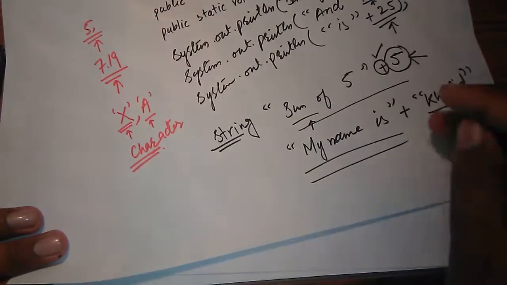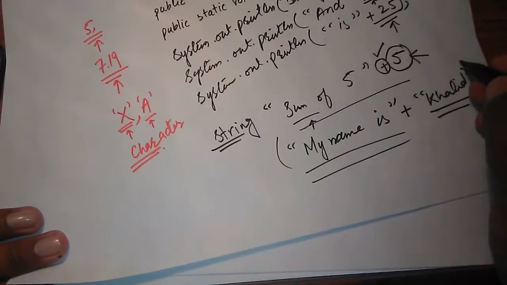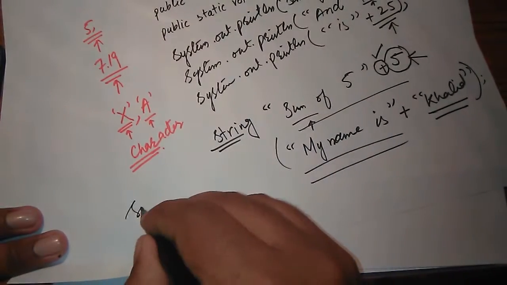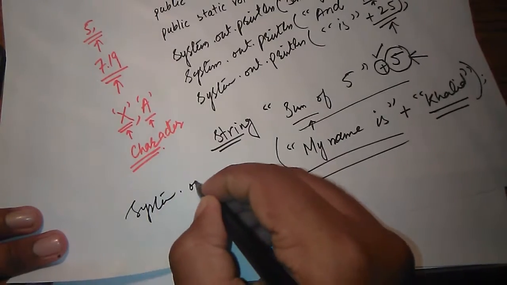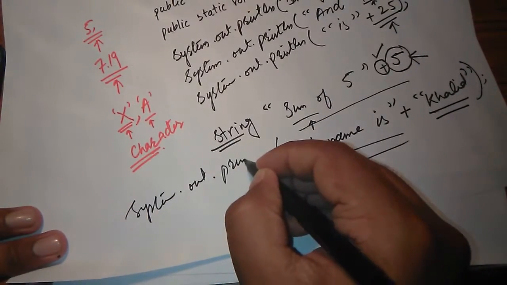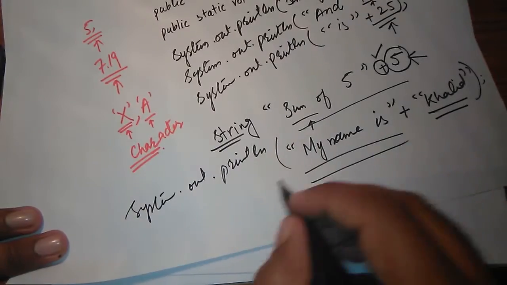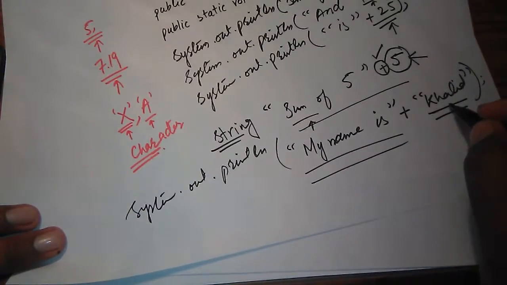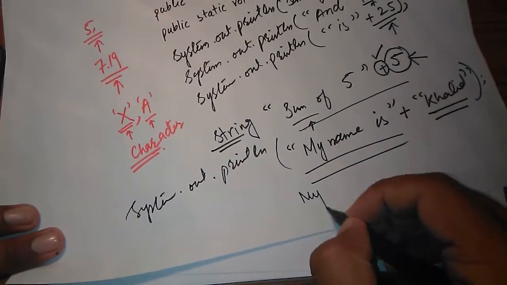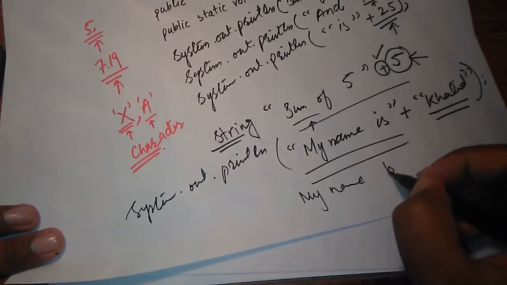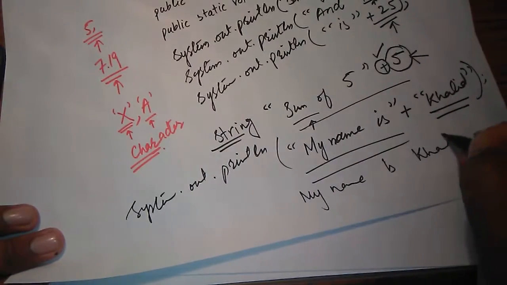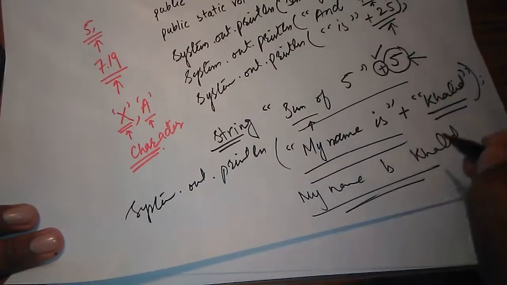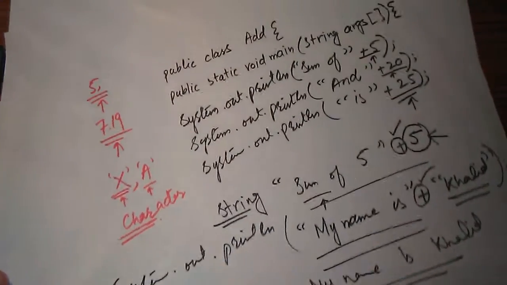Now for example, the result of this statement, when this is put in System.out.println, will give us a result of "my name is Khalid". This is a concatenation.